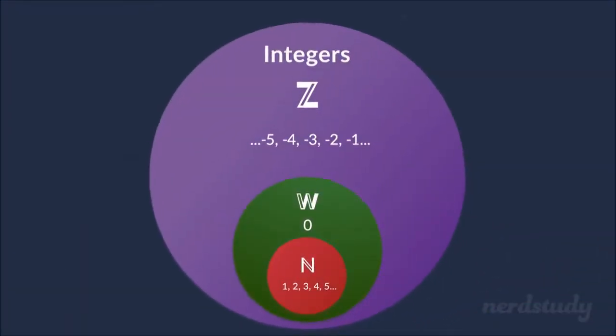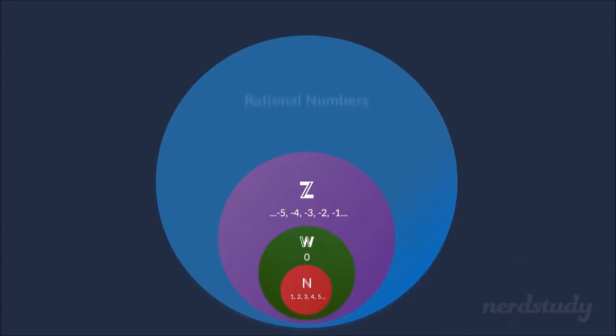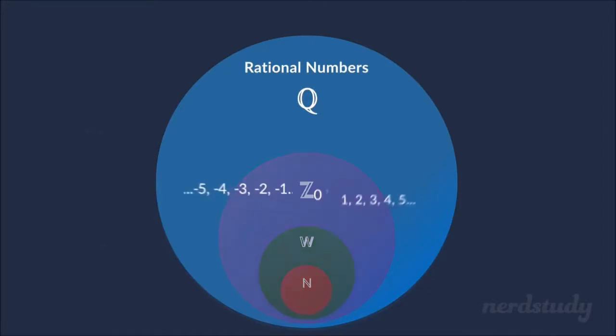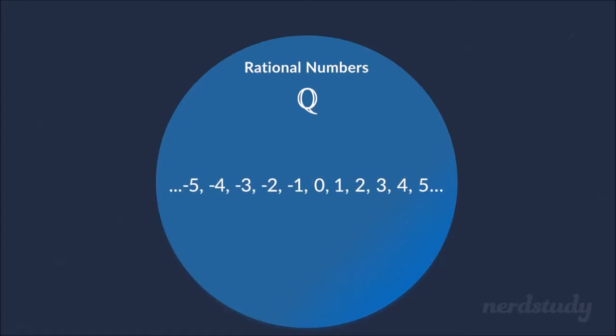The next classification of numbers are called rational numbers, which can be denoted using this symbol. And again, rational numbers encompass all of the other classification that we've mentioned so far, as well as decimals and fractions.